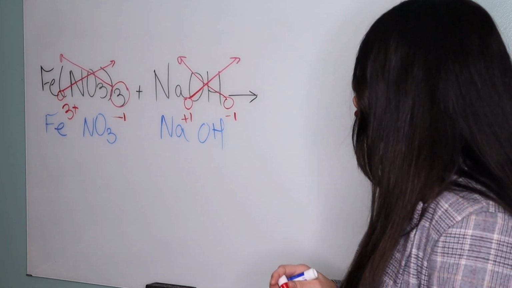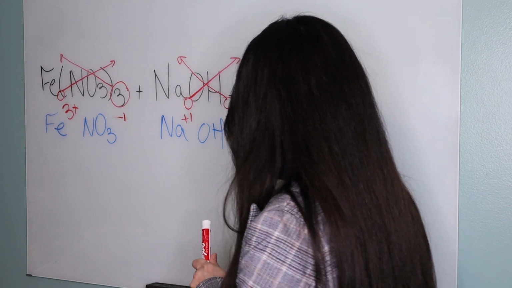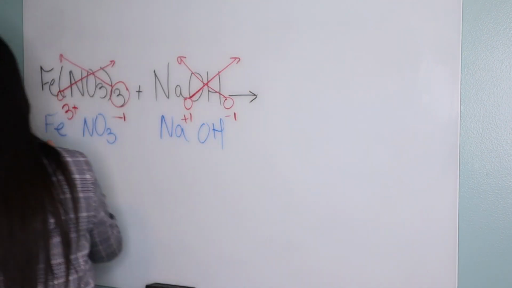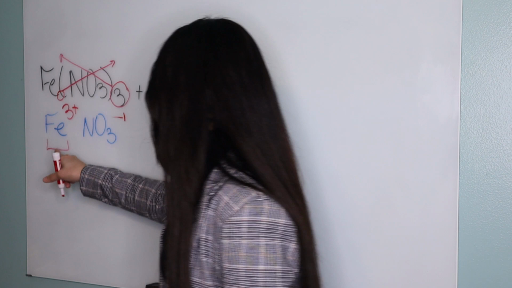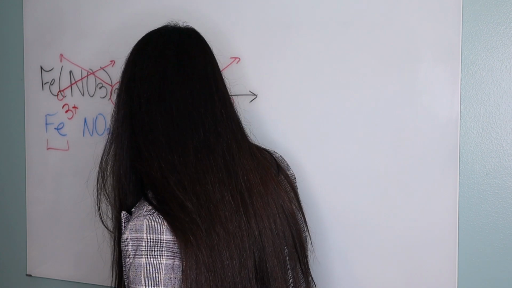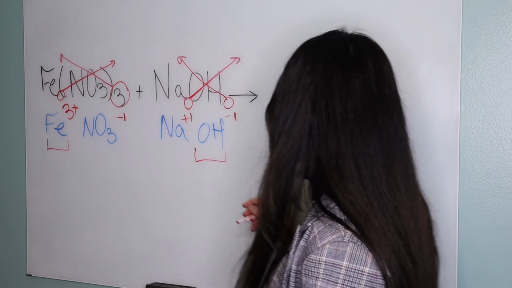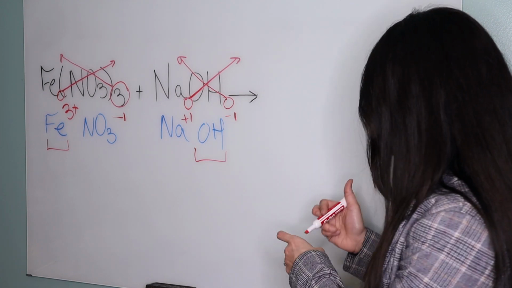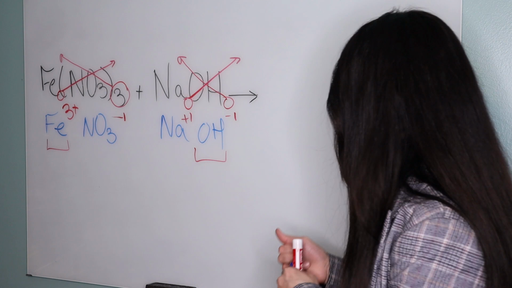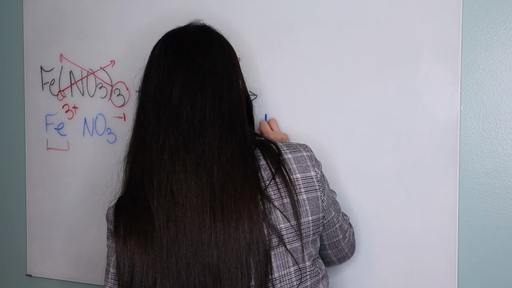After you do this, you're going to take the positive of the 1, so the cation, and the negative of the other reactant, so the anion, and you're going to write them next to each other. So let me go ahead and do that.